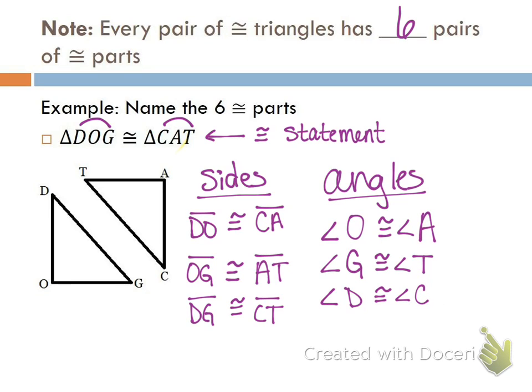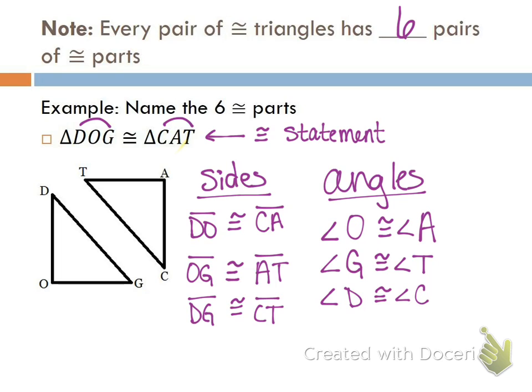It doesn't really make a difference. I prefer to be consistent and start with the first triangle they list and end with the second triangle. That's just my preference.